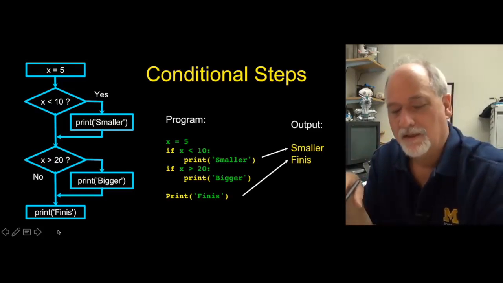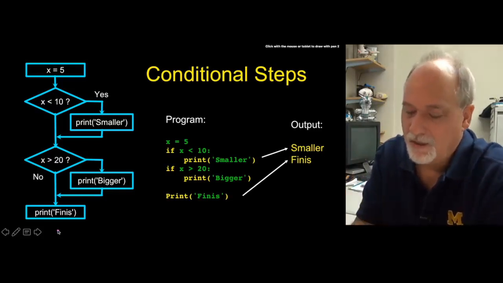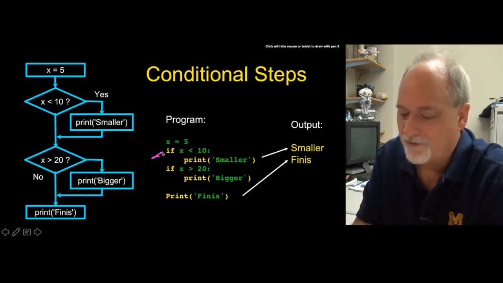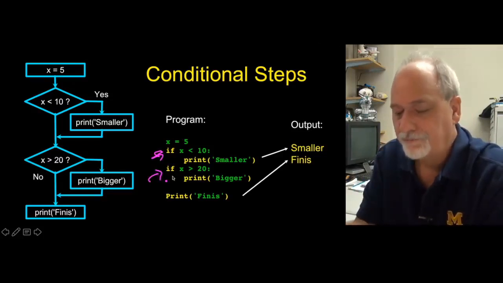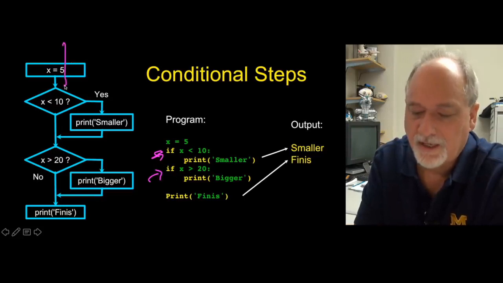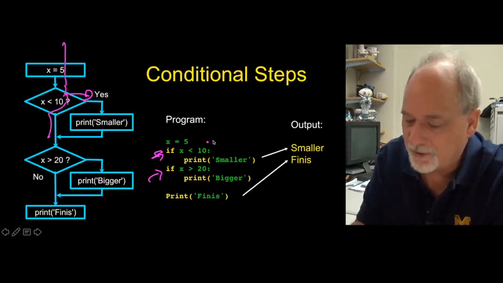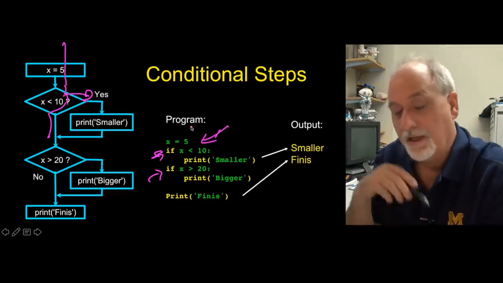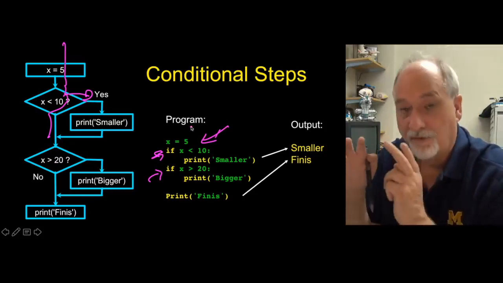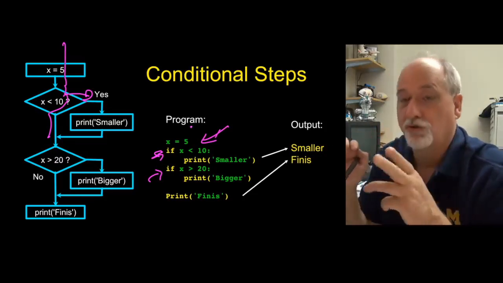The syntax that we tend to use here is the reserved word if. The if is like a fork in the road. You can go one way or you can go another way, and you're asking a question. So inside the if statement, there is a question: is x less than 10? That resolves to true or false.